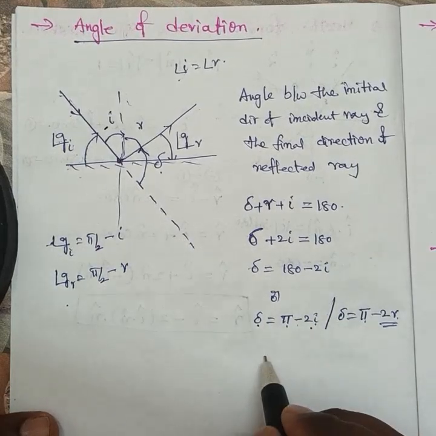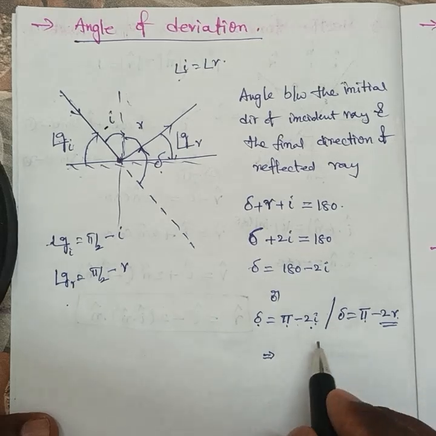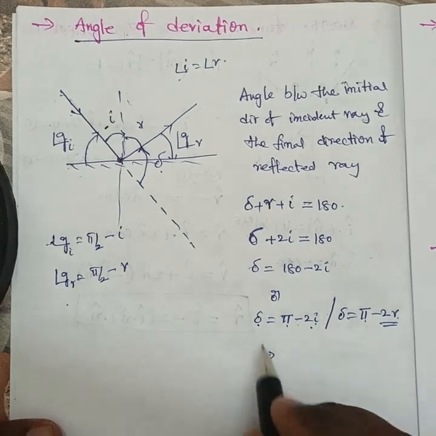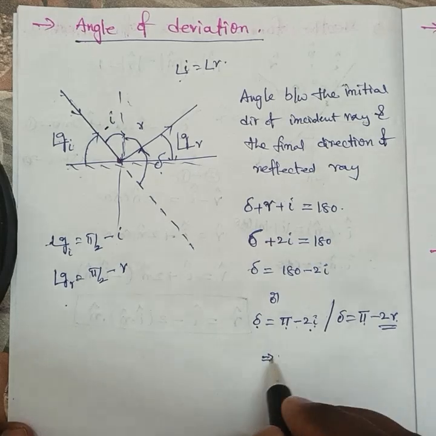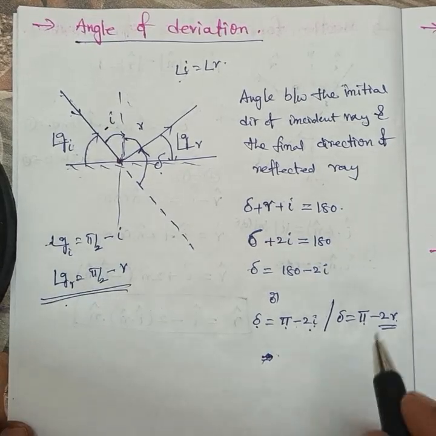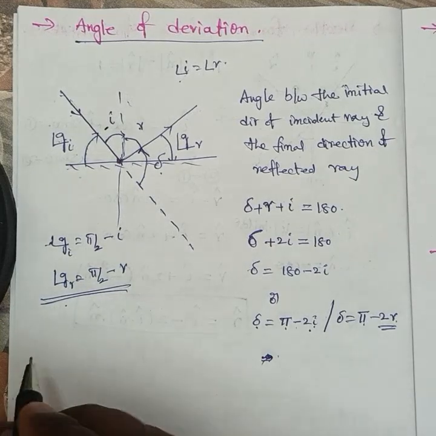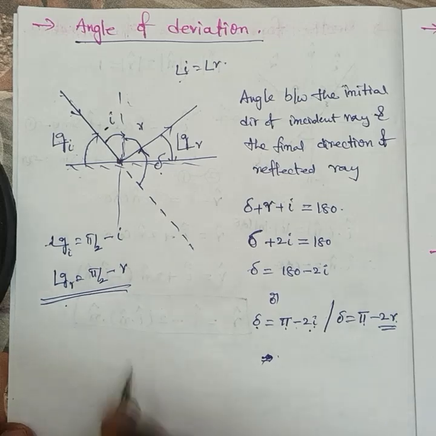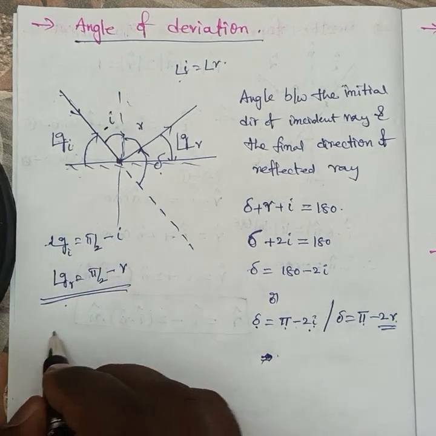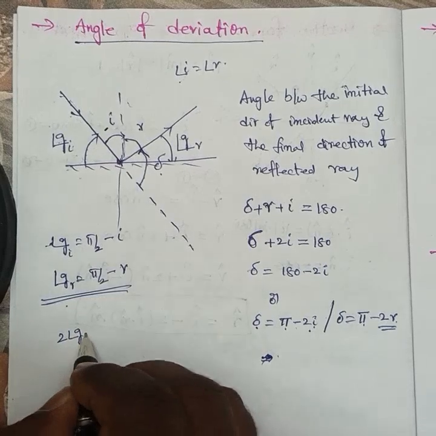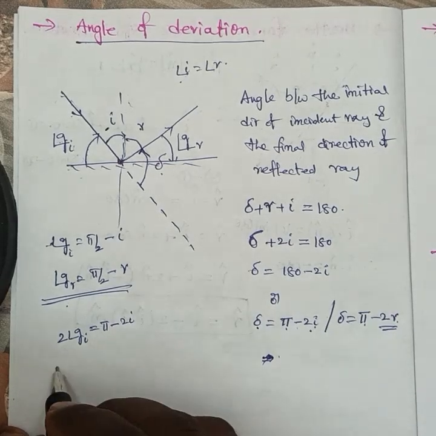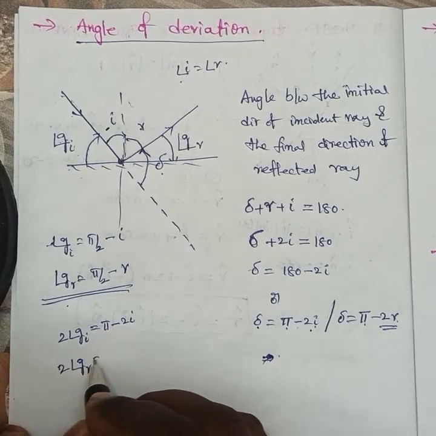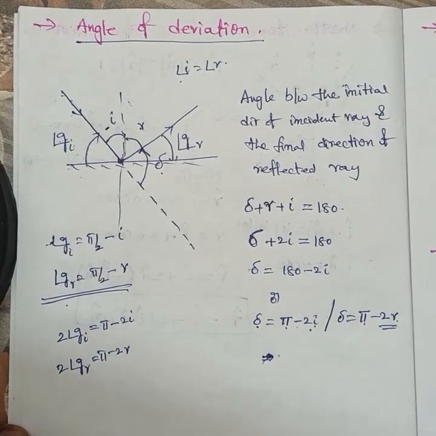You can take this formula, that is, if you take 2 common, pi minus 2 times the angle of incidence. Okay, we'll see after that in terms of glancing angles. From this diagram, 2 times the glancing angle of incidence is nothing but pi minus 2 times the angle of incidence, and 2 times the glancing angle of reflection is pi minus 2 times the angle of reflection.